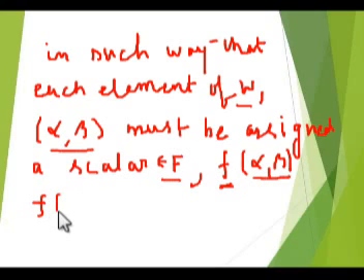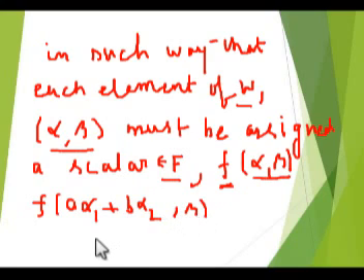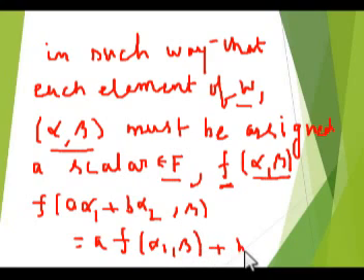One is F(a alpha 1 plus b alpha 2, beta) is equal to a F(alpha 1, beta) plus b F(alpha 2, beta).